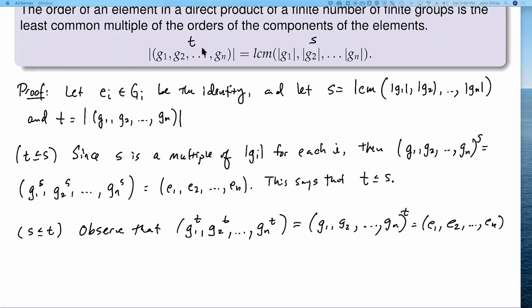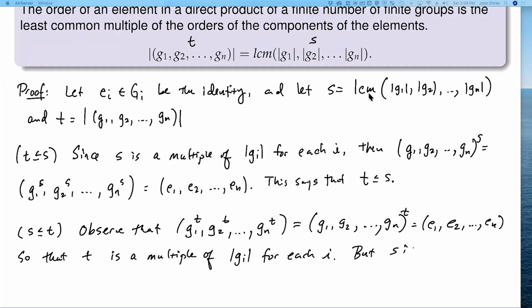But in this case, this says t is a multiple of the order for each i. We know that it's the order of this element, but individually for each of these, since g_1 to the t is e_1, we know that t is a multiple of whatever the order for this element is. And the same thing is true across the board. But s is assumed to be the least common multiple.